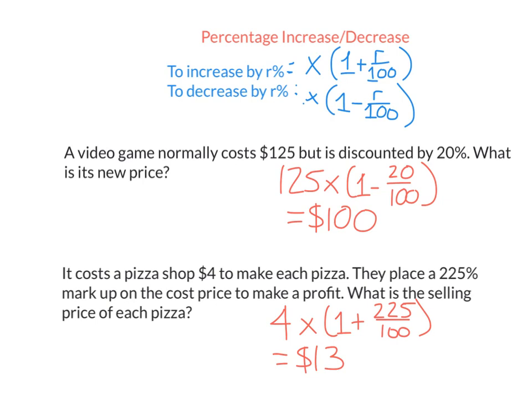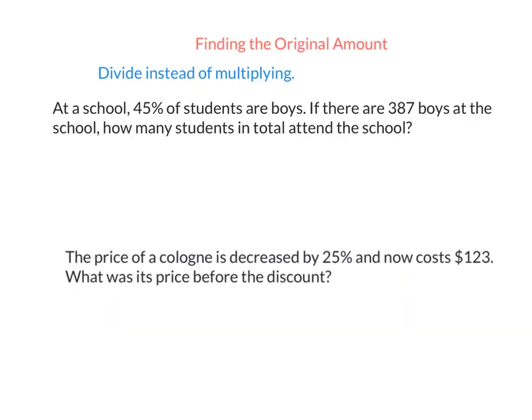All right, now we're going to use percentages to find the original amount. What I mean by that is we've taken some number, we've done some percentage magic to it, and we have a final amount. Here we know the final amount, but not the amount we started with. So when you're trying to find the amount you started with, you divide instead of multiplying.